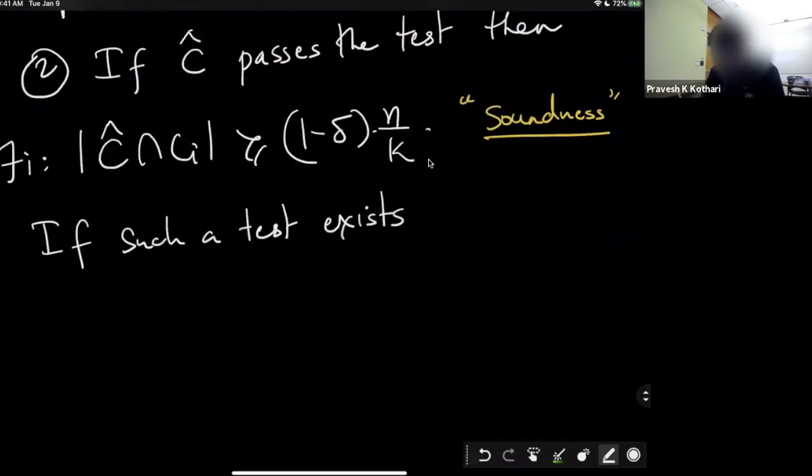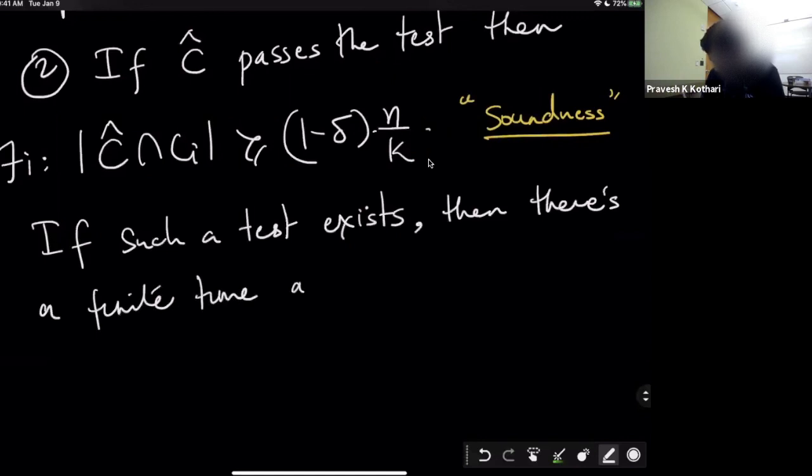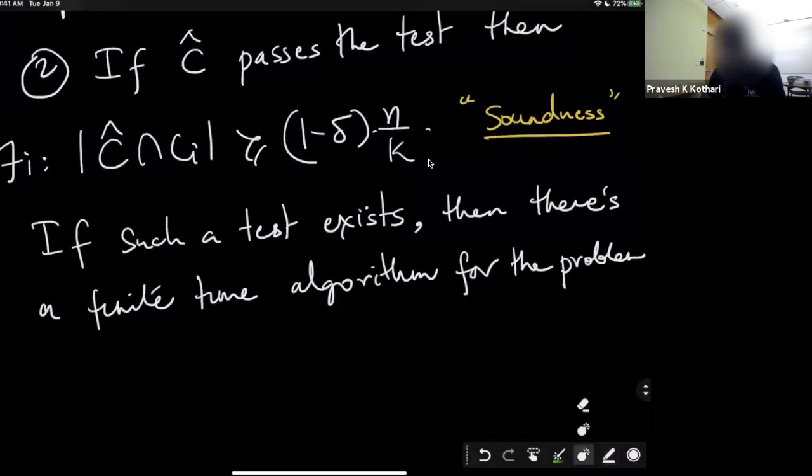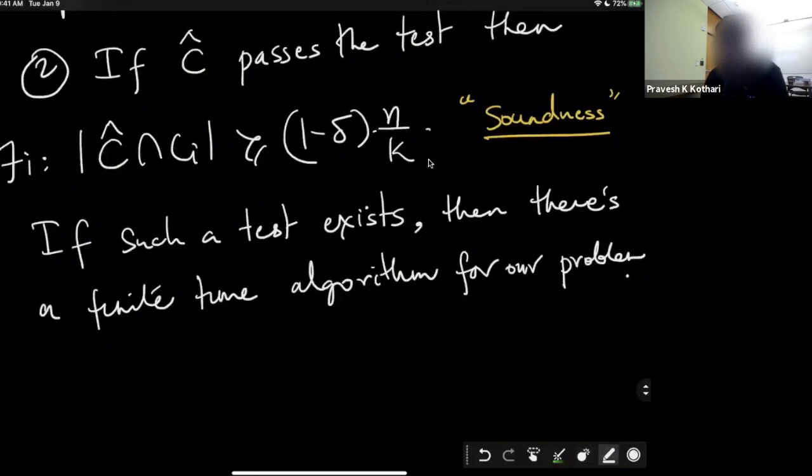But one thing that's immediate is that if such a test exists, then there is a finite time algorithm for our problem, where there is no oracle. Why is that? Can somebody unmute themselves and tell me why I get some brute force algorithm that at least works if there is such a test?